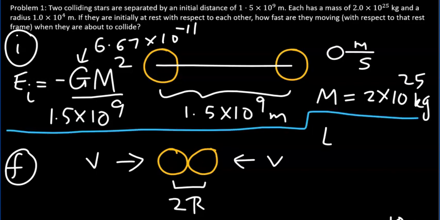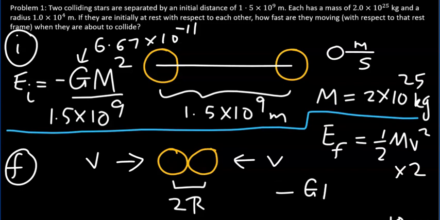Now the final energy of the system is the kinetic energy of the system, which is half times mass times the square of the speed. Now there are two stars, so you have to multiply that by 2, plus the potential energy of the system, which is minus G, the product of the two masses, over, now the distance is 2 times the radius.